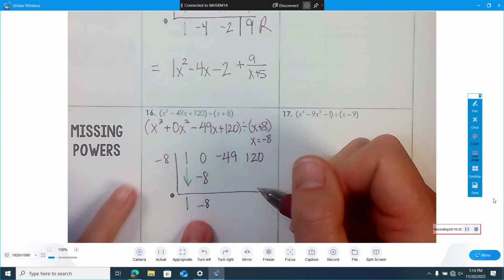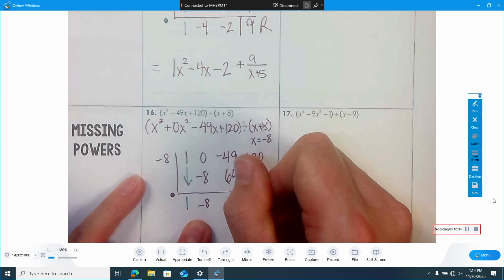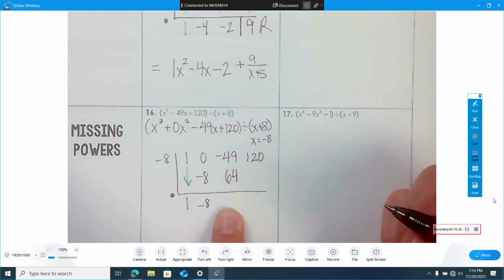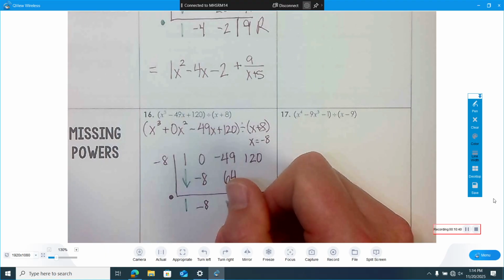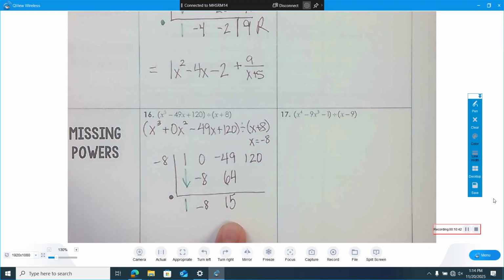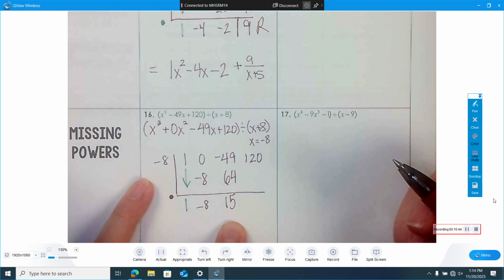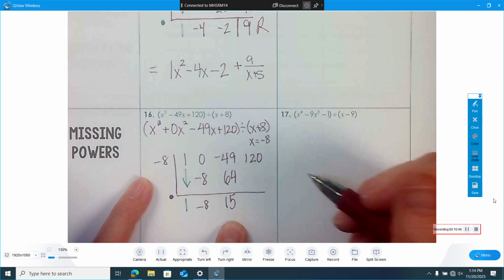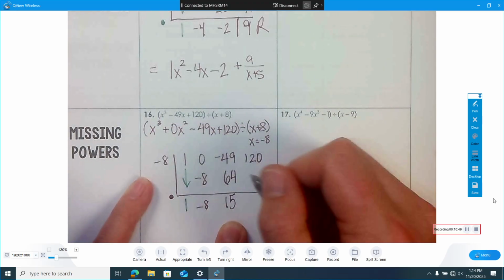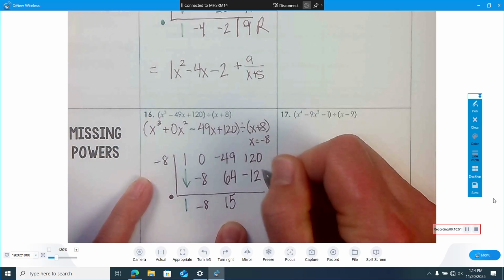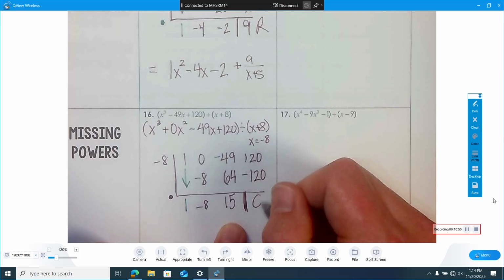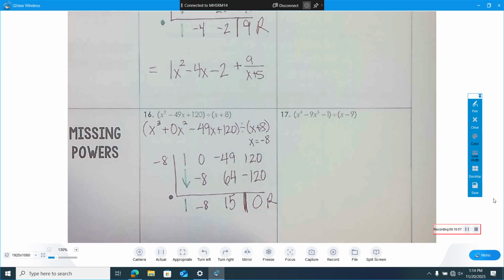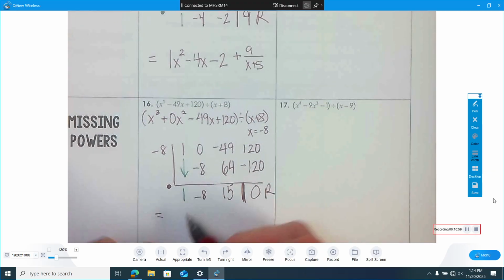Negative 8. Multiply, positive 64. Combine. Positive 15. Multiply. Negative 120 is correct. Combine. 0. So we have a remainder of 0. So this one divides evenly.